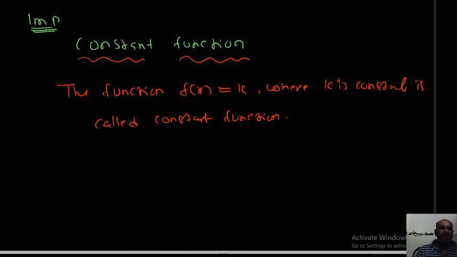Okay, students, important. So I will explain here: f of x equal to 3 is given, it is a constant function. Example: f of x equals 3 is a constant function.